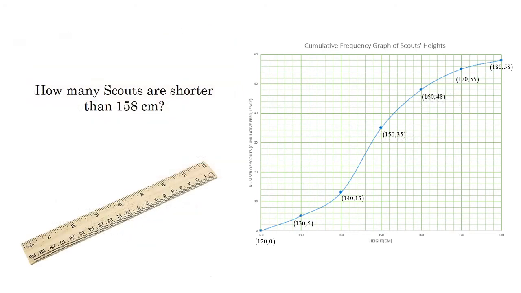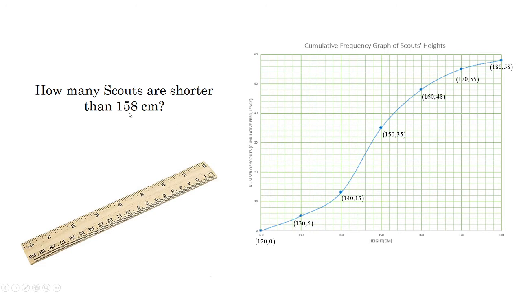Now, that one's easy because those points were given to us. But what if it asked us something a little different? Same style question, but now it says, how many scouts are shorter than 158? Well, remember, these frequencies are accumulating as we go. There are 35 people that are 150 or shorter.